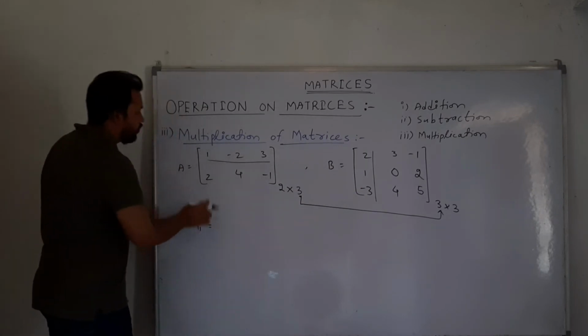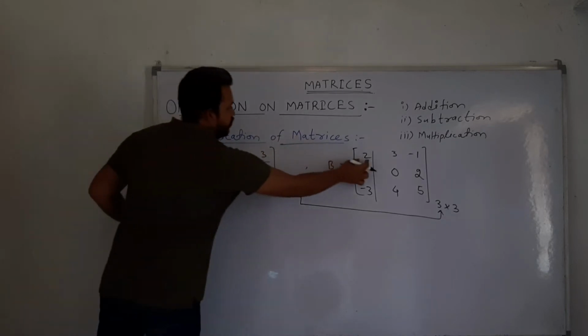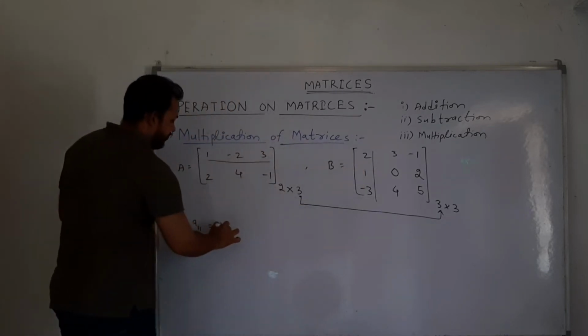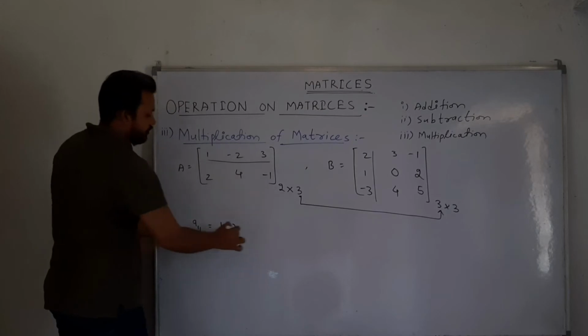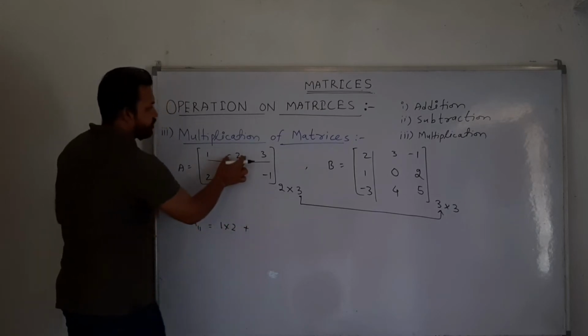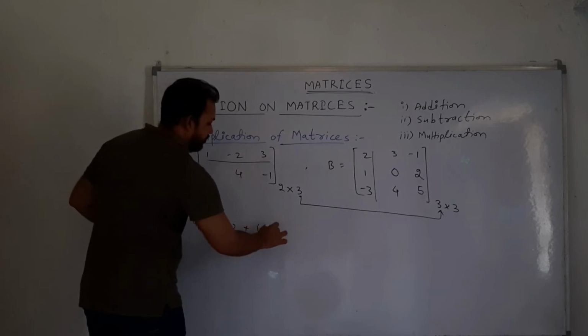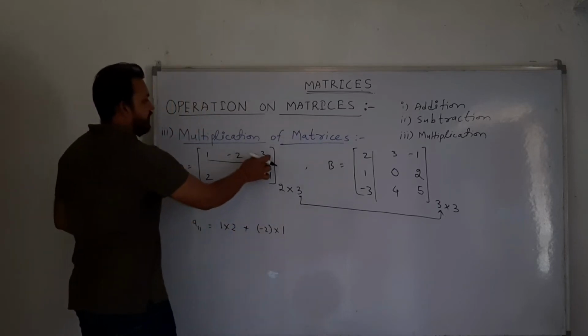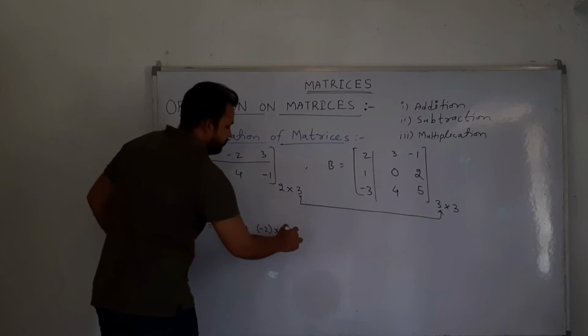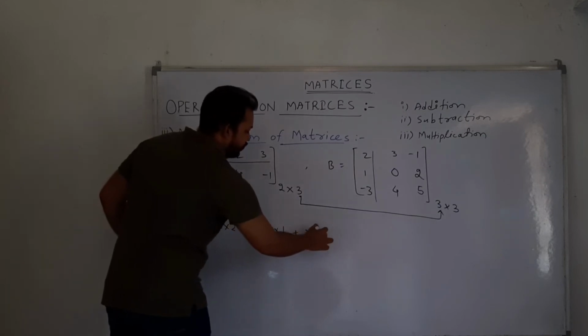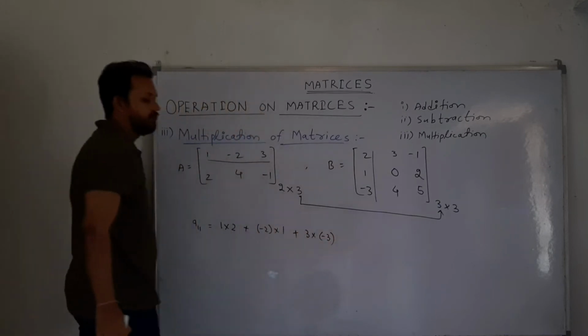This is equal to 1 into 2, plus minus 2 into 1, plus 3 into minus 3.